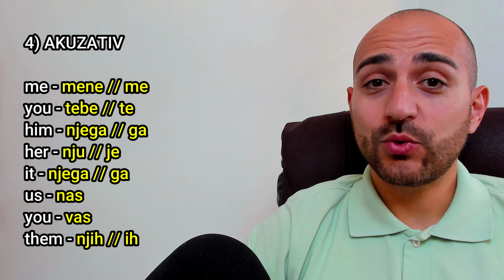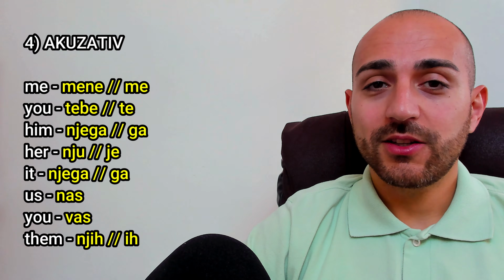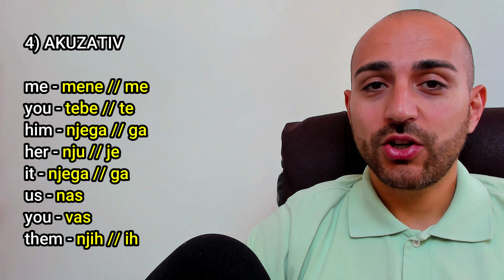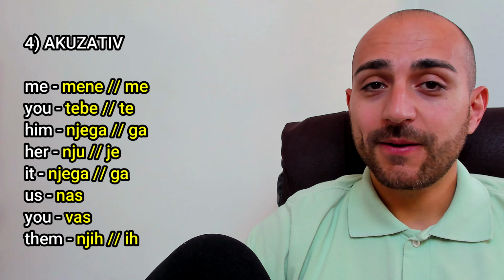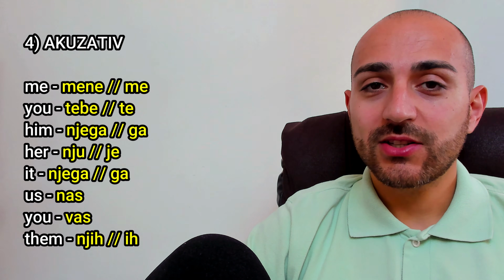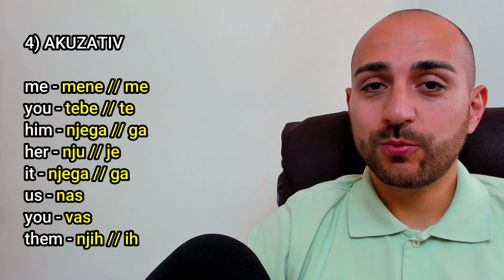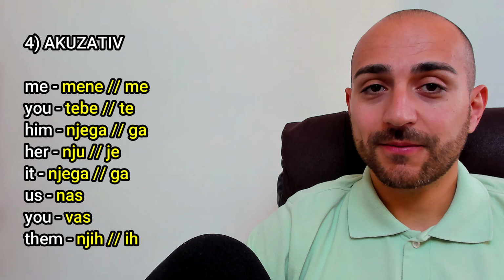Okay, we move on to accusative. So me, mene, me, you, tebe, te, him, njega, ga, her, nju, je, it, njega, ga, us, only nas, we don't have any other form, and for you plural only vas.